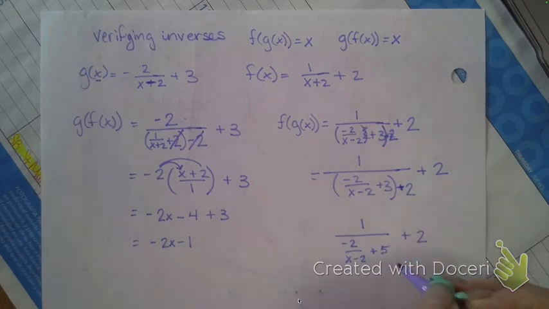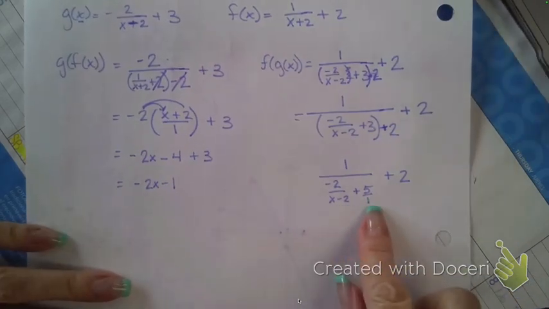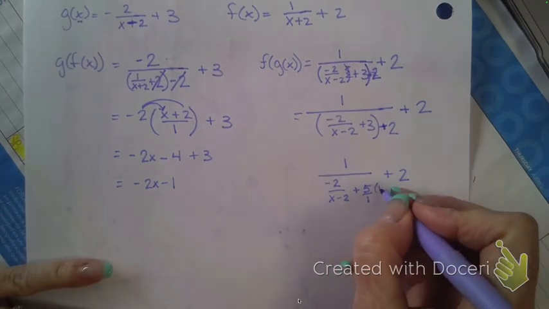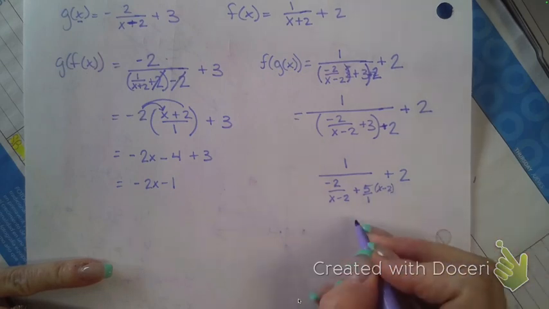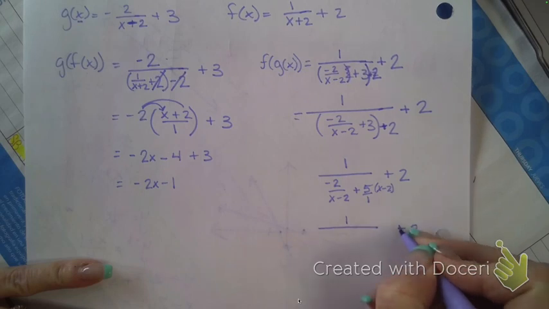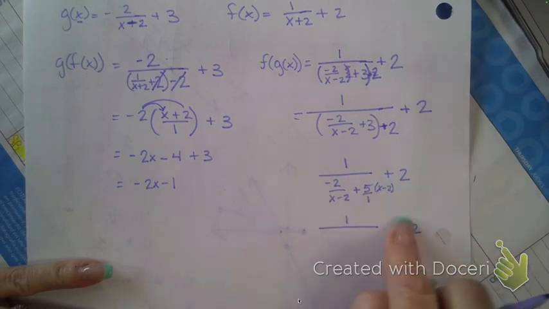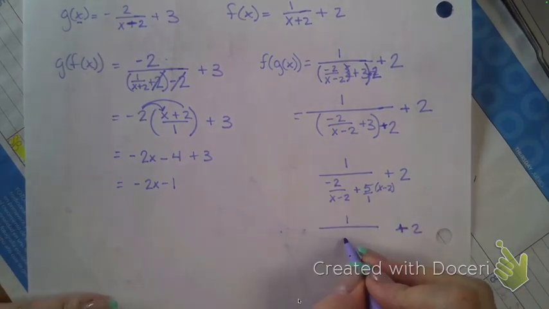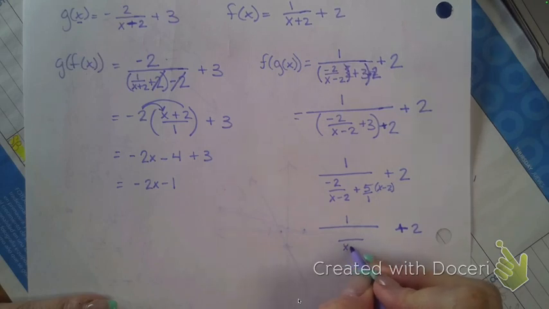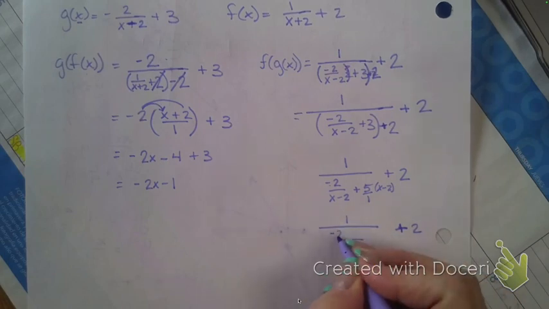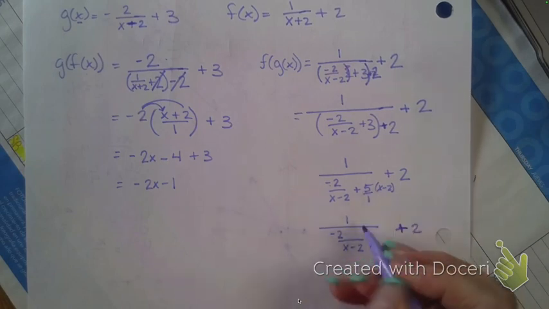Okay. Well, then I have to get common denominators, don't I? So that would be an x minus 2. So I have to multiply this by x minus 2. So I get 1 over, and then I'm going to put plus 2 here so I don't try to do anything with it. That's this plus 2, because I'm not doing anything with that right now, right? So the denominator of the denominator is x minus 2. So I have negative 2, and then 5, so plus 5x.